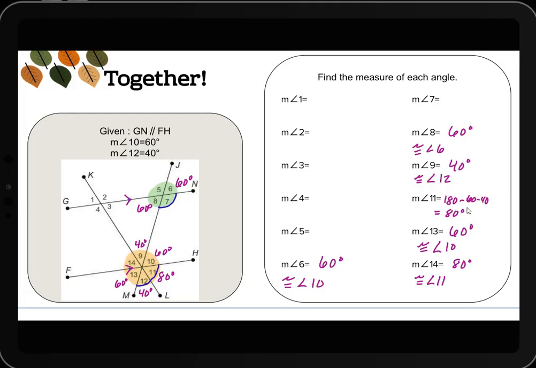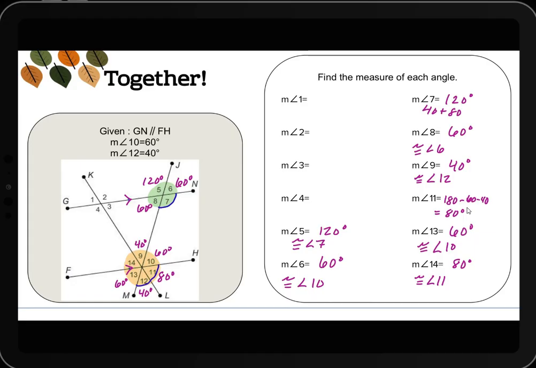So we can say that 7 is going to correspond with both of those angles. It's 120 degrees. That's certainly one way to think about it. Also, however, you can think of it as a linear pair with angle 6. So it has to be supplementary, so it has to be 120. Angle 5 is going to be congruent to angle 7 because it's vertical, so it's 120 degrees.